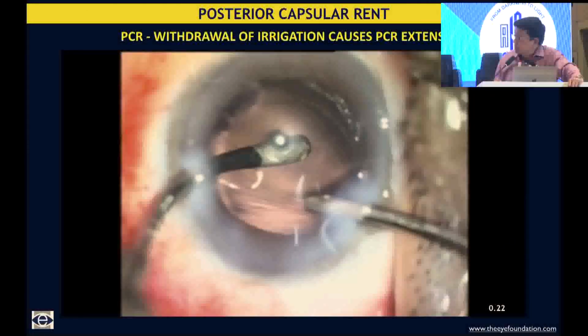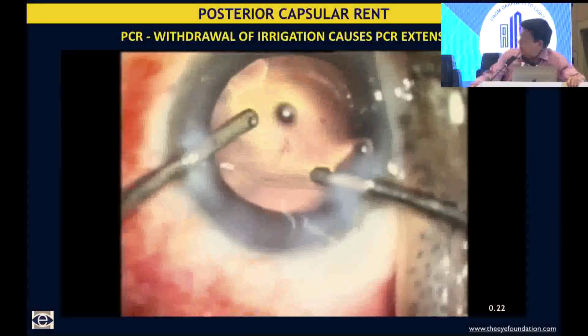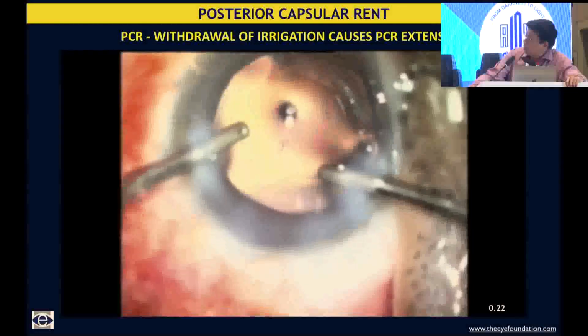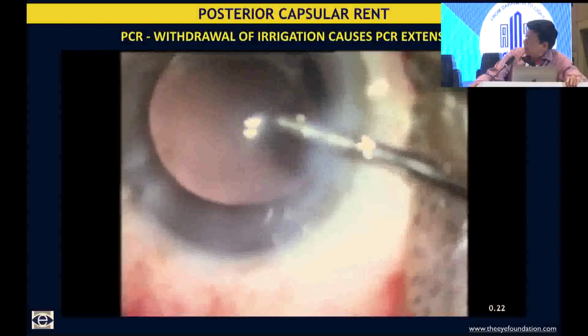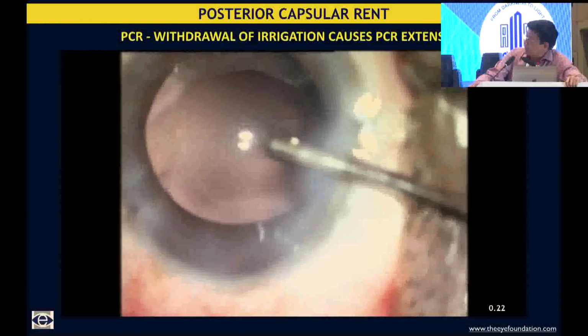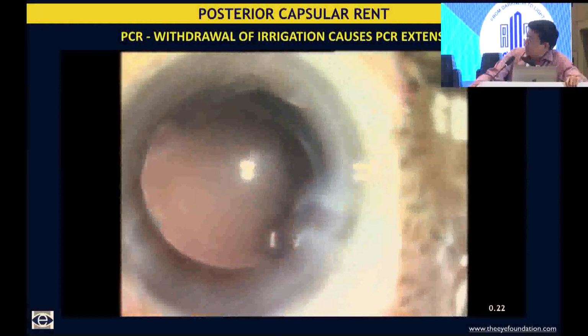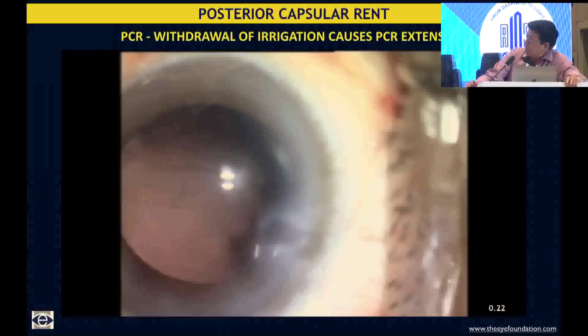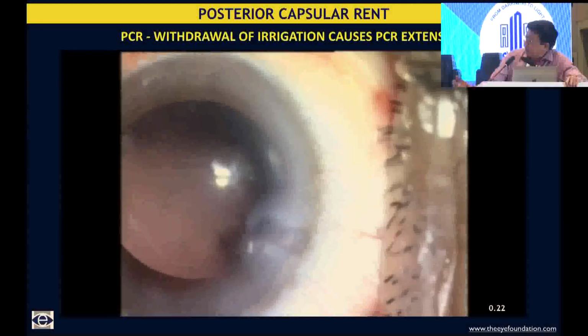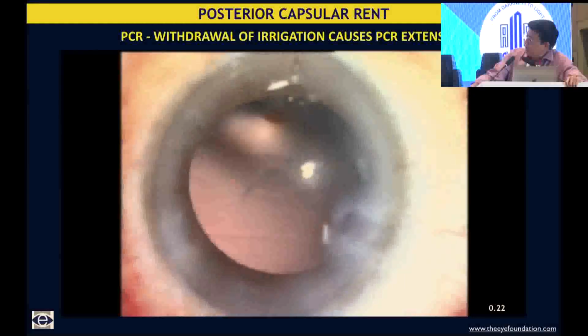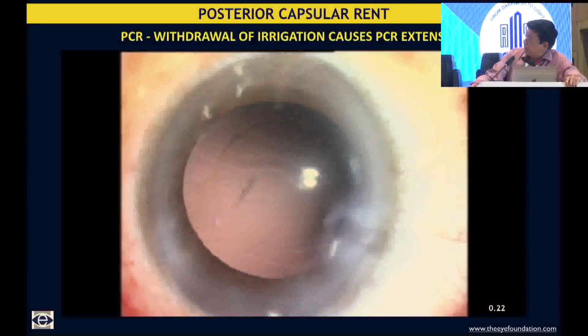This is a very small video clipping again, where the importance of not taking out your irrigation cannula until such time as you inject a viscoelastic is shown. As you see, a small PC rent has occurred, but as long as my irrigation cannula is inside, that was just flopping around. But the moment I take it out, the anterior hyaloid moves forward and immediately you get a PC rent which is extending.